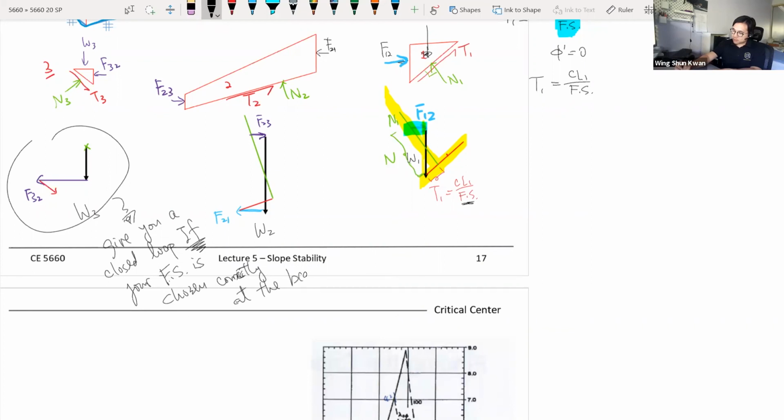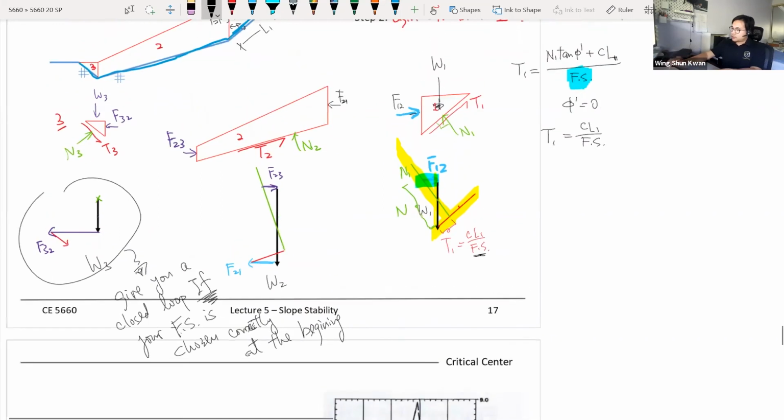Sorry, my pen is not working very well today. So pretty much this is a trial and error method. You pick a factor of safety, it doesn't work, you choose another one. If this is too large this time, you need to bump up your factor of safety.